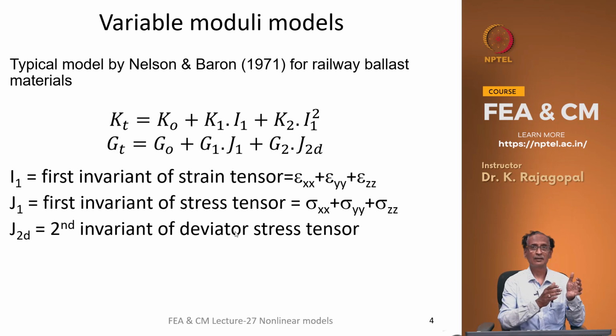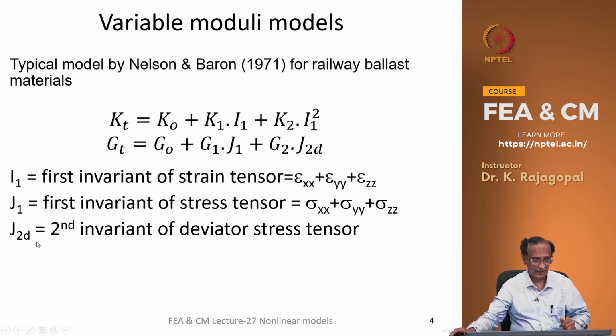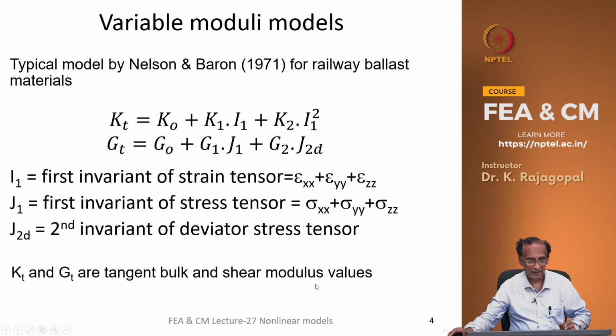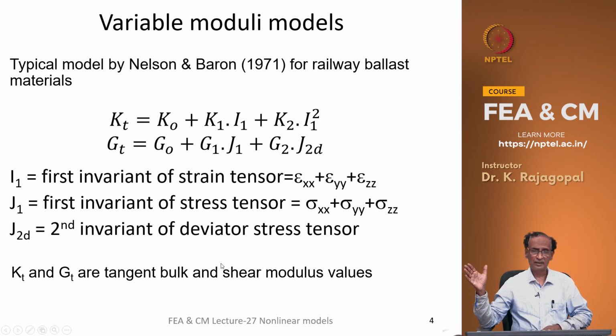One is the spherical stress tensor, which is a diagonal tensor with only the diagonal terms, and all of them are equal, and that represents the hydrostatic stress state. And then we have the other component, the deviatoric stress tensor, and J2D is the second invariant of that deviator stress tensor, and the deviator stress tensor represents your shear stresses.